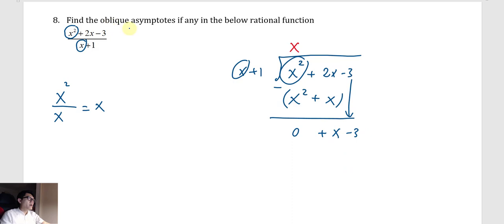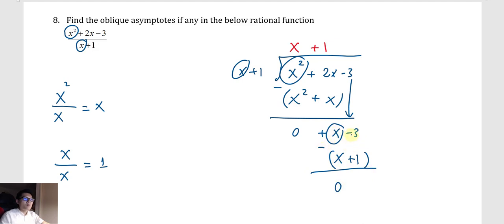Okay, so then the next step is, again, I take this first term, x, I divide by this term here, which is x, so it gives me 1. So the next one is 1. And now I take 1, I multiply by x, give me x. 1 multiplied by 1, give me plus 1. And then I do the subtraction. x subtract x, 0.